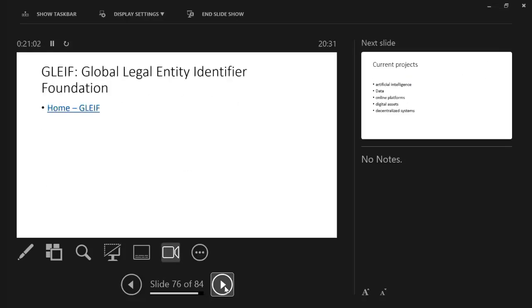And I've highlighted a real-world example of one of these sorts of digital identity systems, the GLEIF legal entity identifier. And this one so far is largely working on the basis of contractual frameworks.